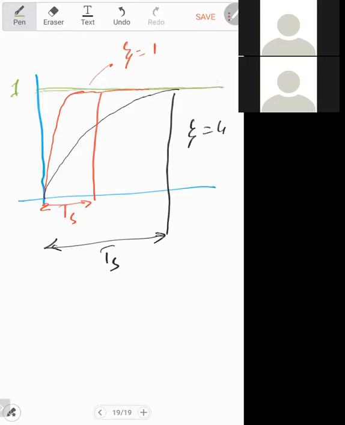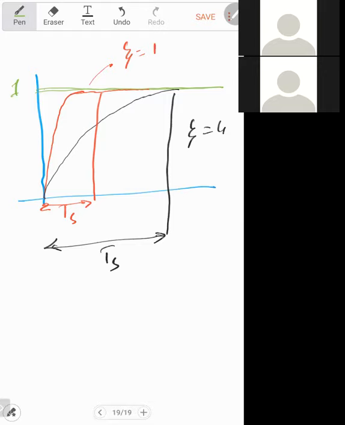But you see that the rise time, the settling time, the delay time all depend on the value of zeta and the natural frequency.